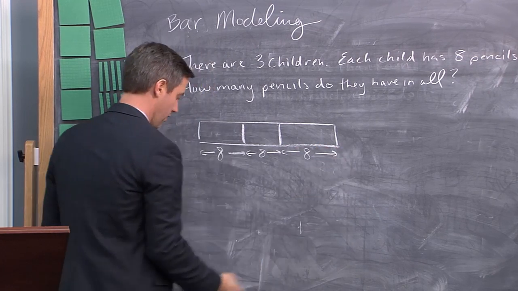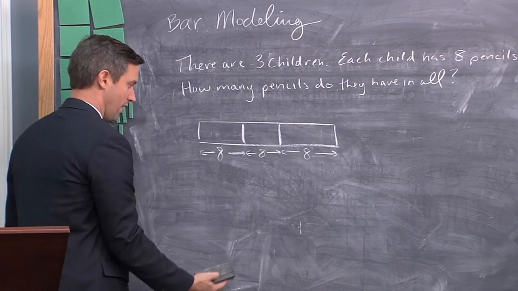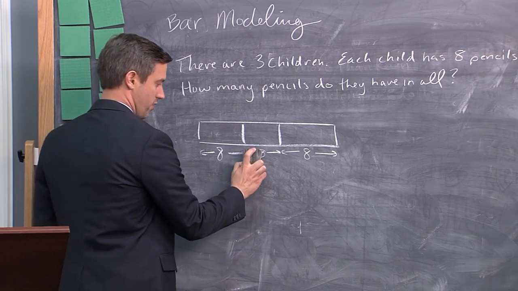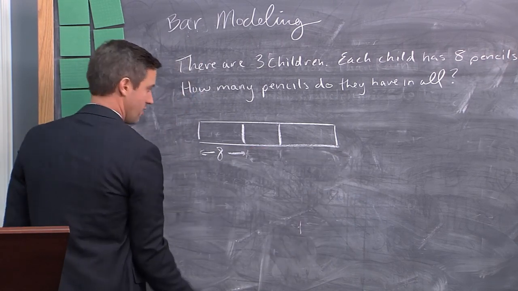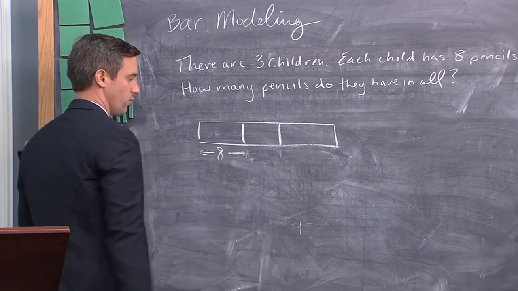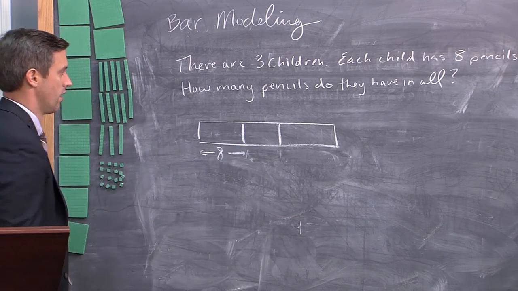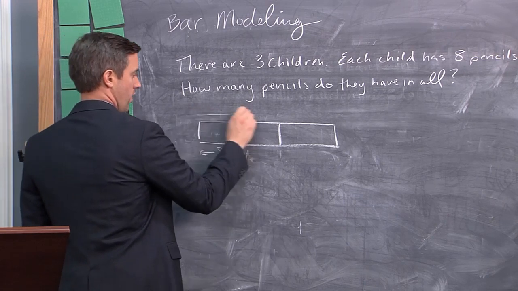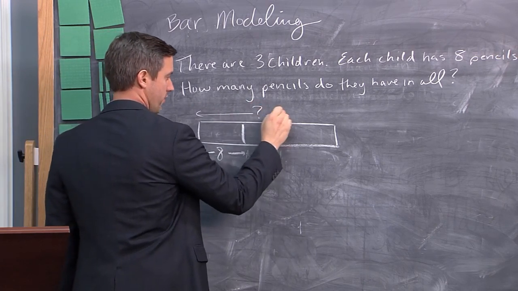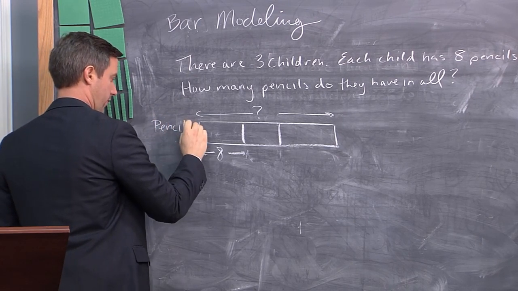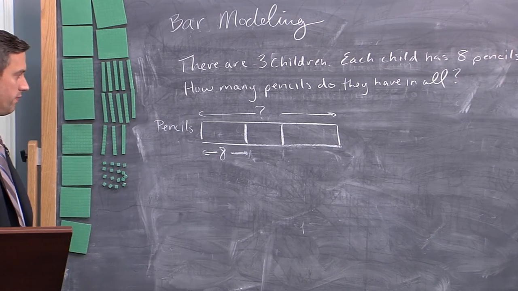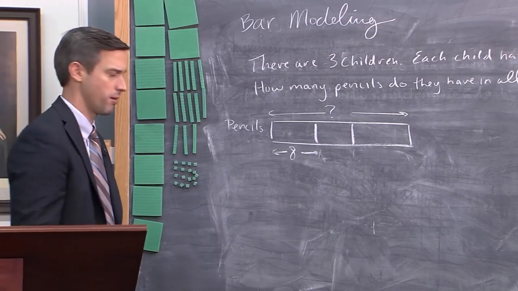That is okay. That is less abstract, so they may eventually move to where it's more abstract, and they understand that these are all equal quantities. And you're wanting to know how many pencils they have all together. So this is representing pencils.